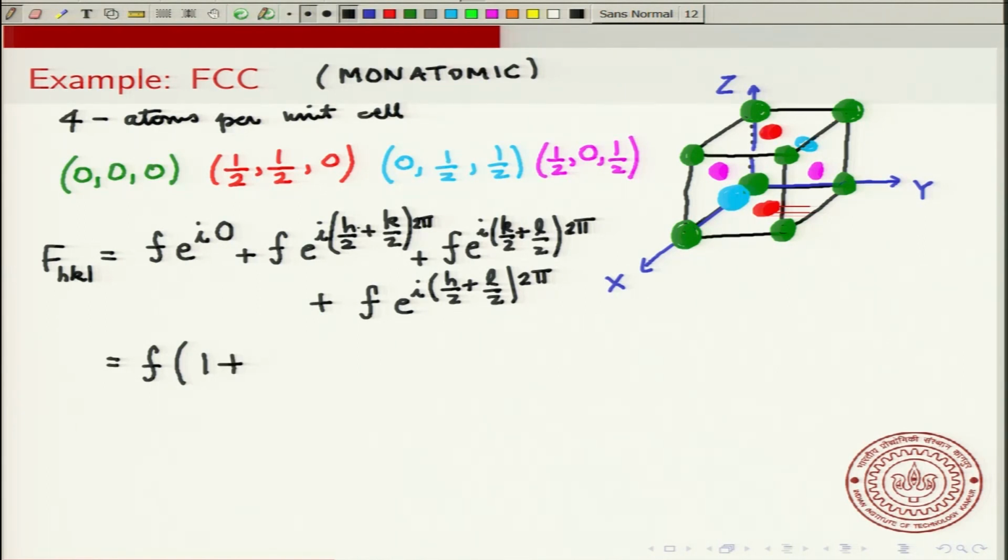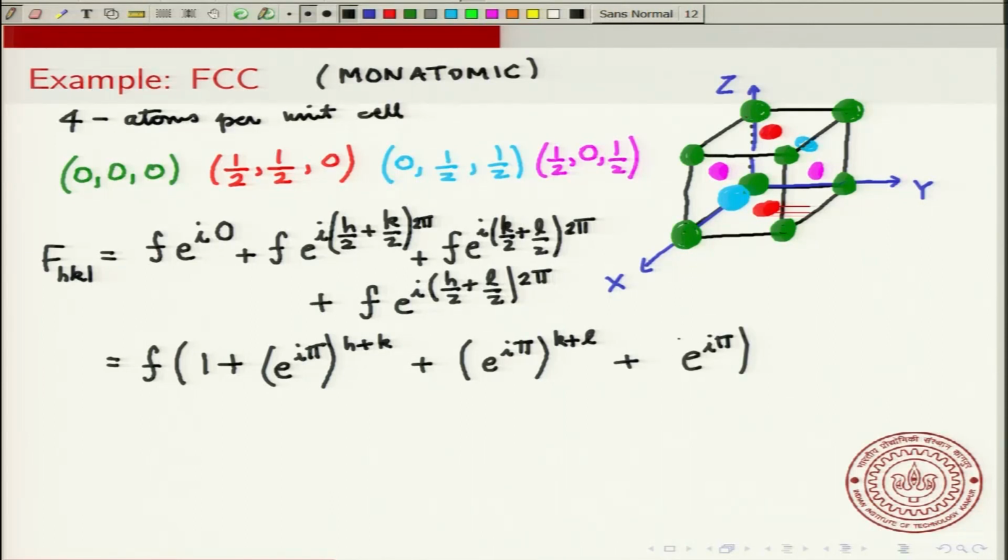Now, this h by 2 plus k by 2 into 2 pi is same as e to the I pi raised to h plus k, and then I have e to the I pi raised to k plus L plus e to the I pi raised to h plus L. I have deliberately written it this way, because I know that e to the I pi, okay, this is cos pi plus I sin pi.